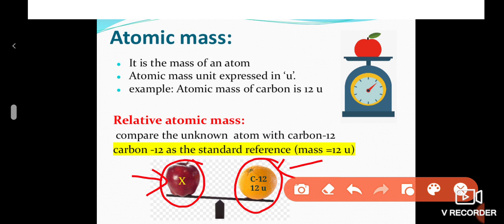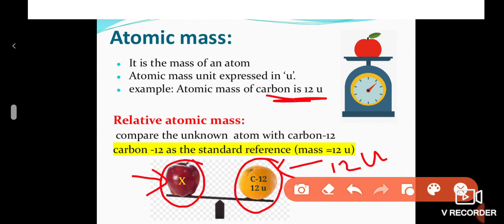For the reference atom, we know that the mass of carbon is 12. Before, we discussed that the mass of carbon is 12 U. So let us compare the unknown mass with the reference. In all the cases, carbon 12 is taken as the reference.